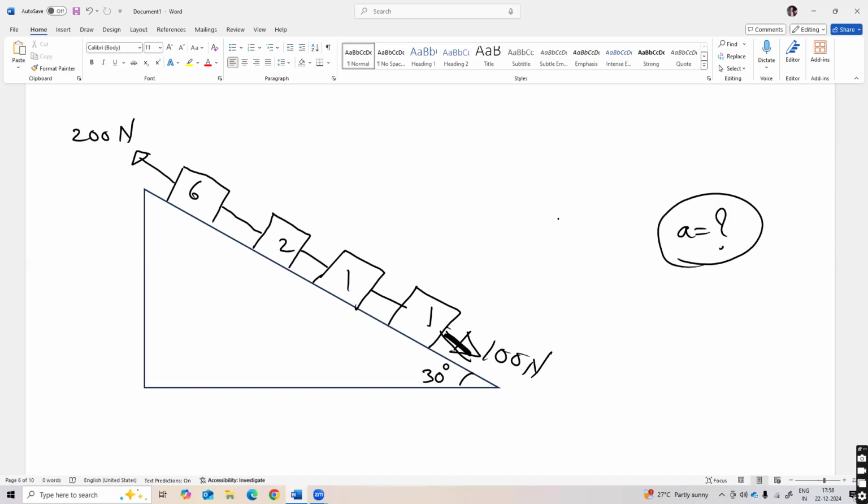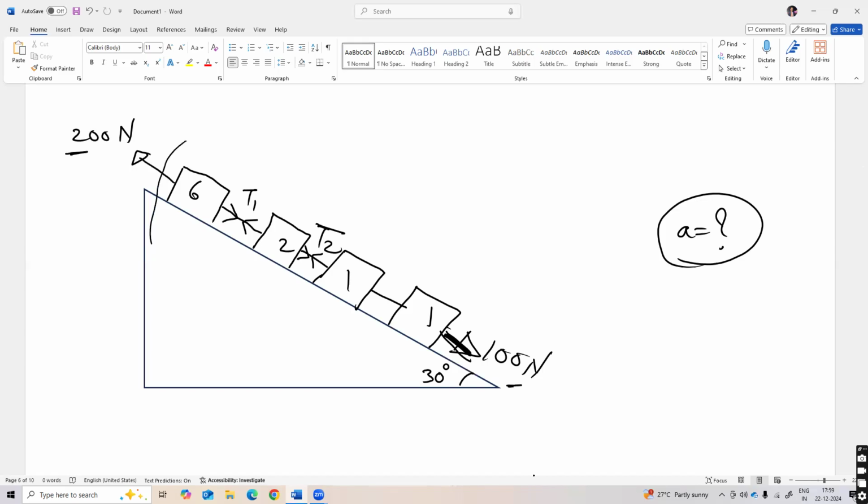First of all, find out the acceleration, and then find out tensions T1 and T2. Once we find out any one or two, we can go ahead. So in this case, when there is a wedge, these two are not the only external forces. First external force is 200 Newton, other external force is 100 Newton.